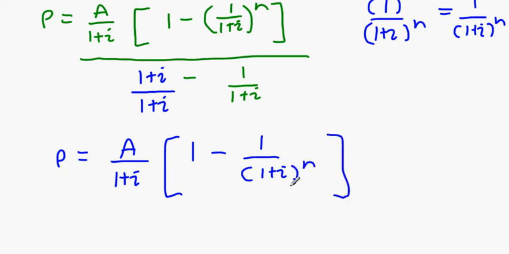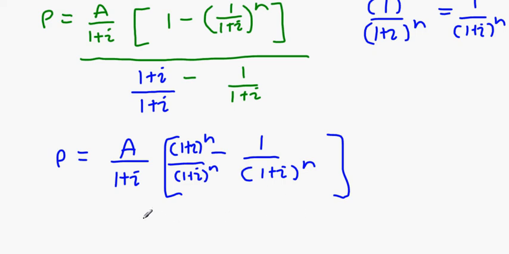Once again, I'm going to modify the 1 to make sure it has the same denominator, so I'm going to change the 1 into 1 plus I to the power of n divided by 1 plus I to the power of n. Now they have the same denominator.